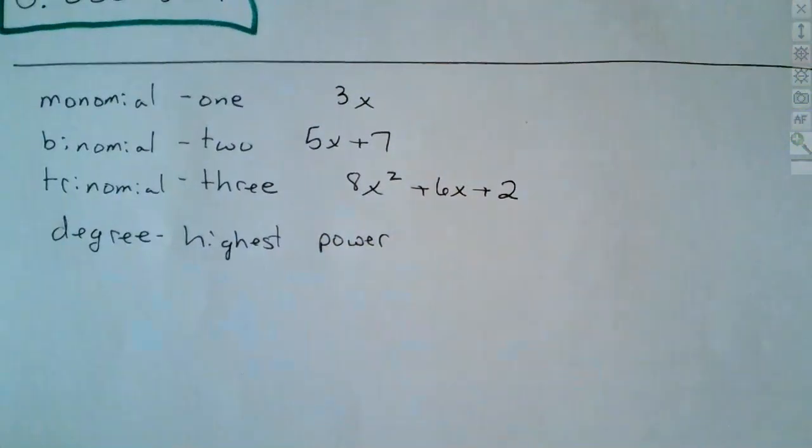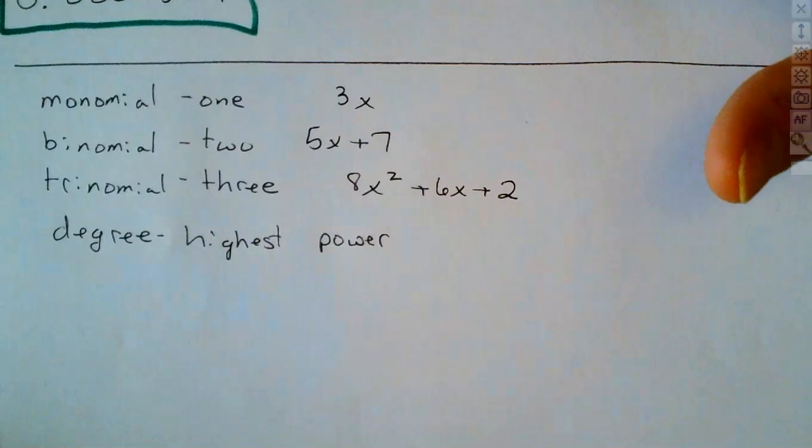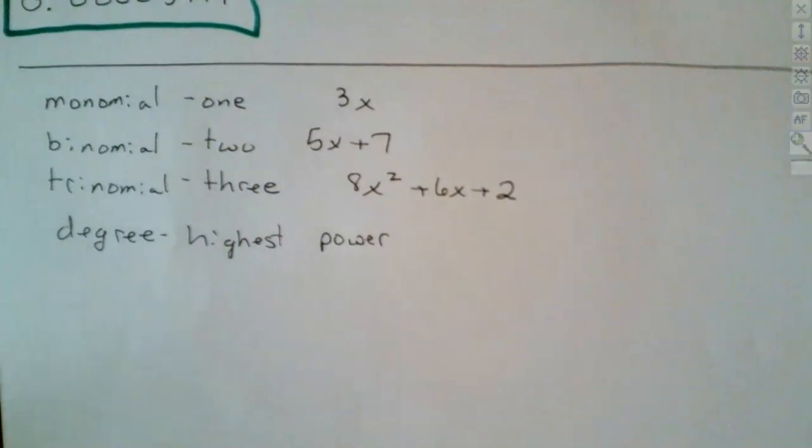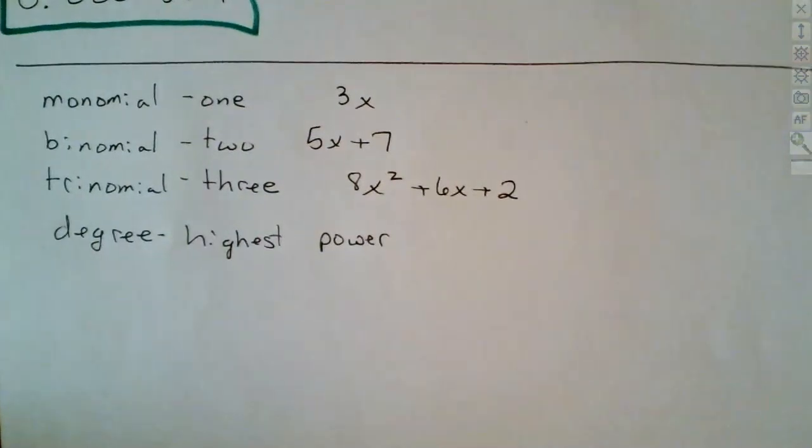And so I'm now going to give you 2 different polynomials. Poly means many. So when we talk about polynomial, it's many terms, and we can classify it as monomial, binomial, trinomial, or none. And we'll also find the degree.